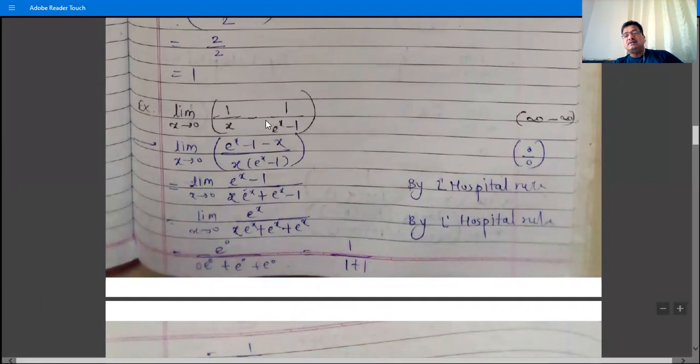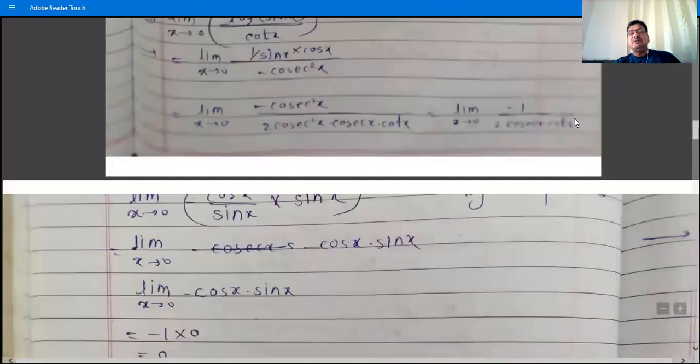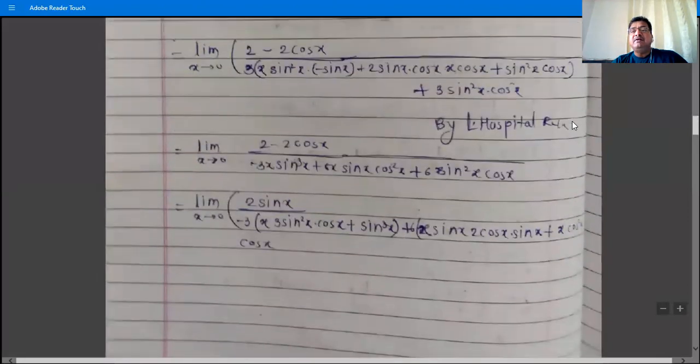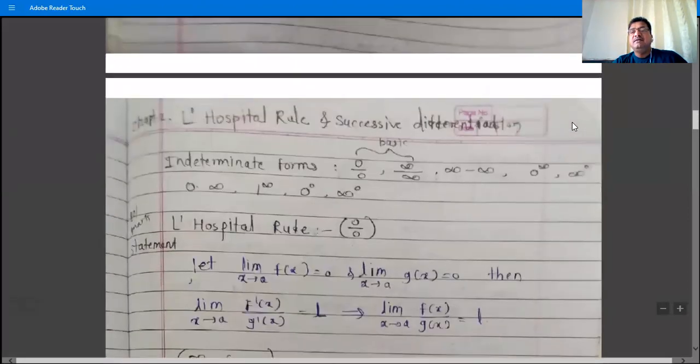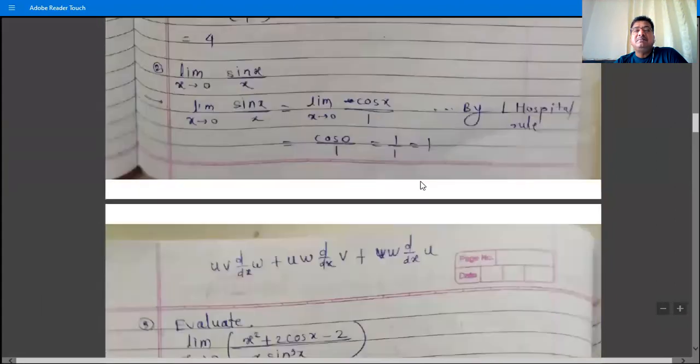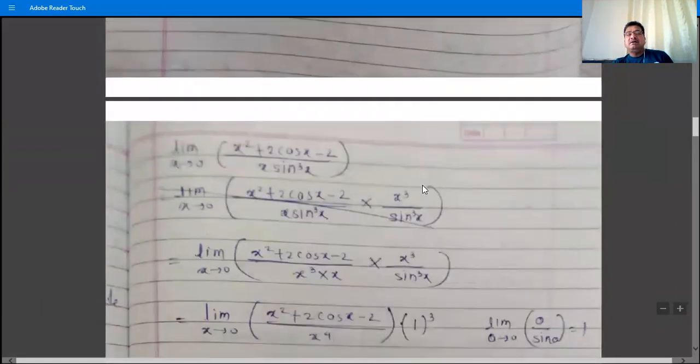And so this is the example in the infinity minus infinity form. Infinity minus infinity is again an indeterminate form. It is one of the indeterminate forms, but it is not in the form 0 by 0 or infinity by infinity. So we have to reduce these indeterminate forms to either 0 by 0 or infinity by infinity in order to apply L'Hospital's rule.